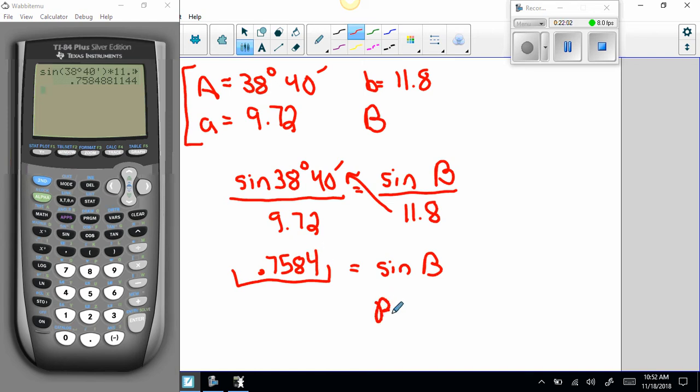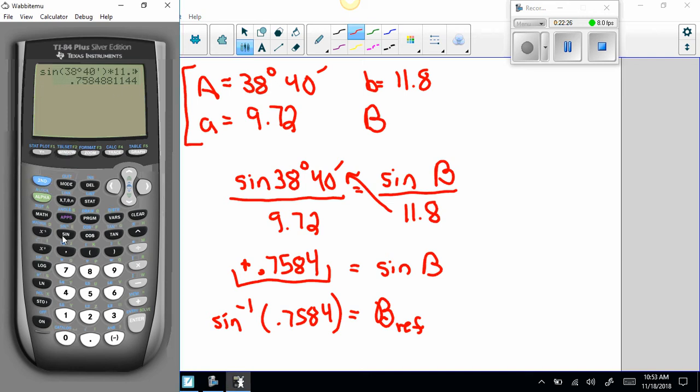We're going to do a reference angle. So basically, if I introduce the inverse, which I am, if this was a negative, I would always make it positive when I do the inverse. Because I'm the one introducing it, I can do whatever I want. But if you don't use all these decimals in your calculator, things are going to go bad.